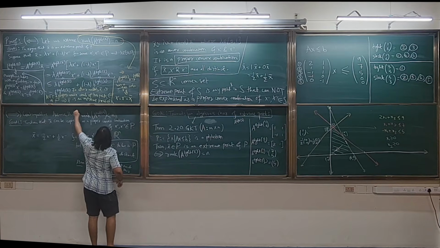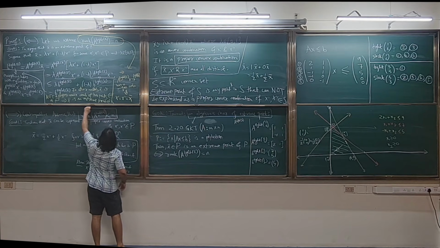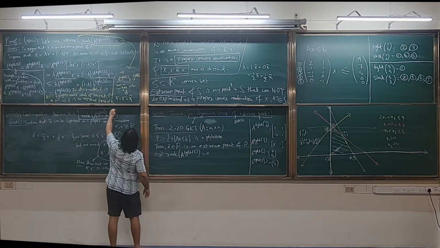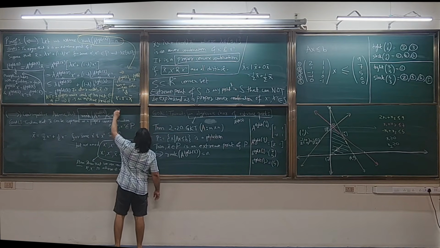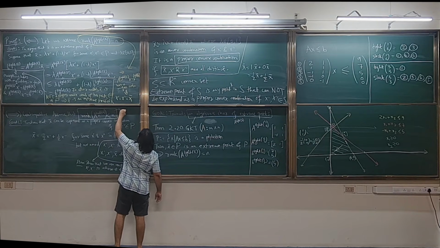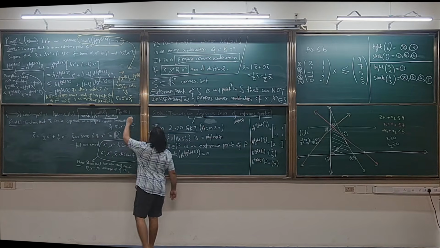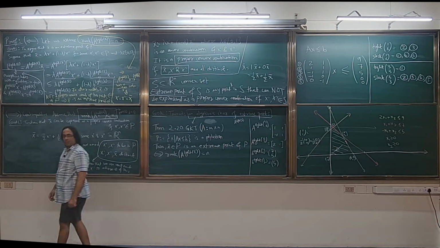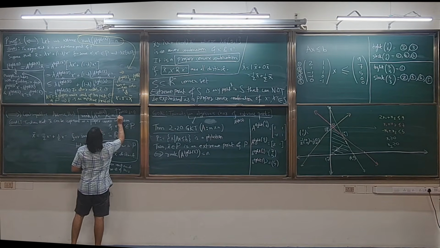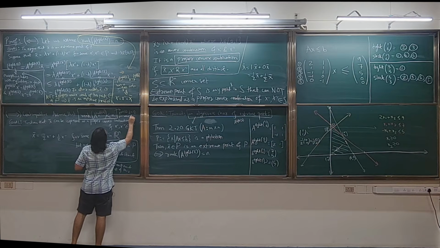This basically implies that A tight of x bar times some direction vector d will give me 0, where d is not equal to the 0 vector.